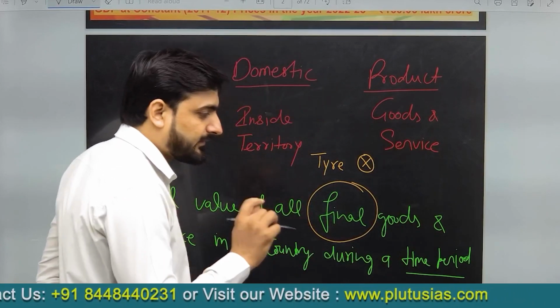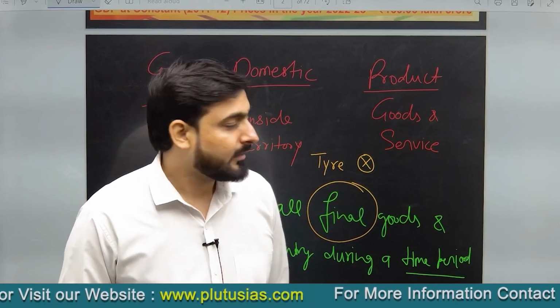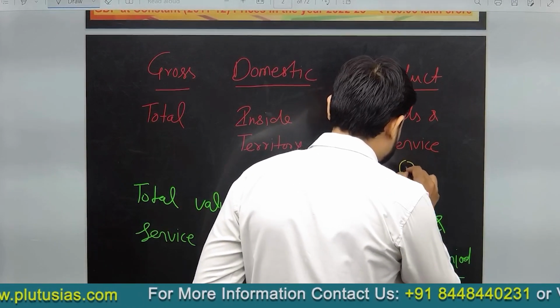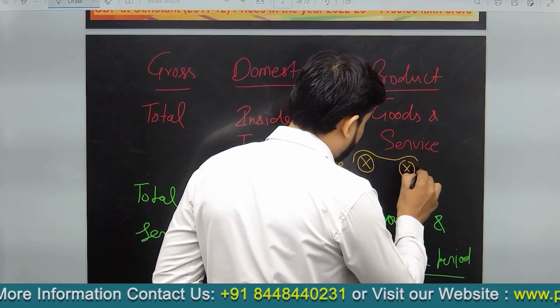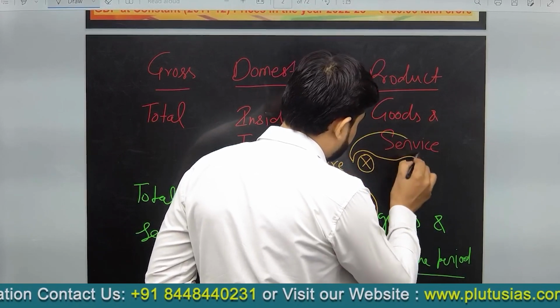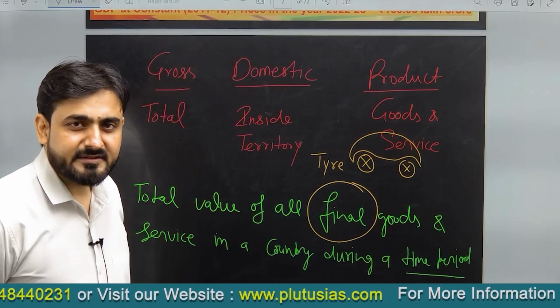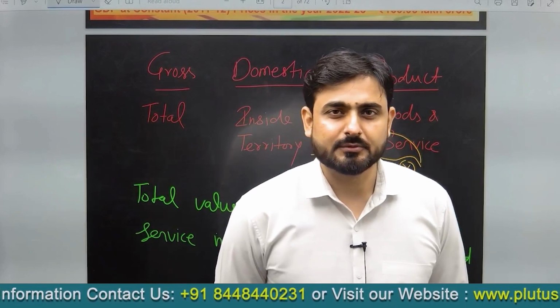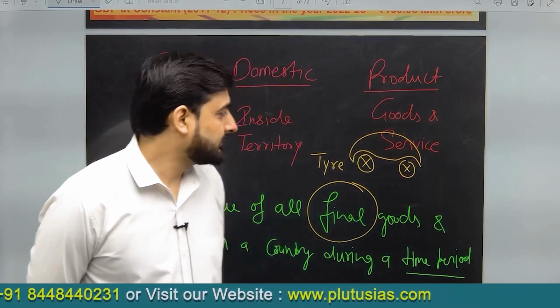whether it is a final good or an intermediate good. Suppose this tire is being used in manufacturing a car. If this tire has been used, then it is an intermediate good. Then the total value of the car will be included in the calculation of GDP.